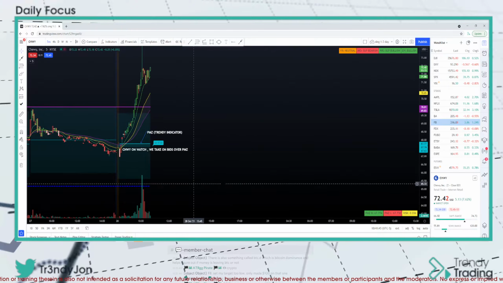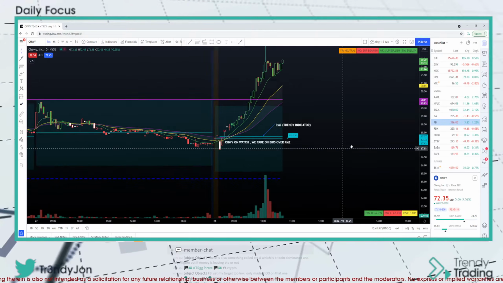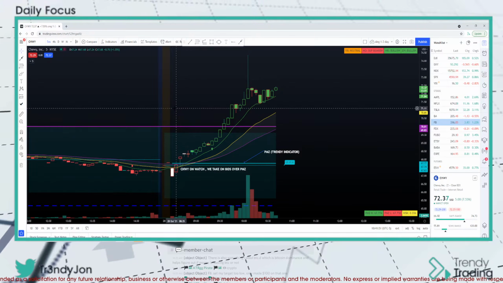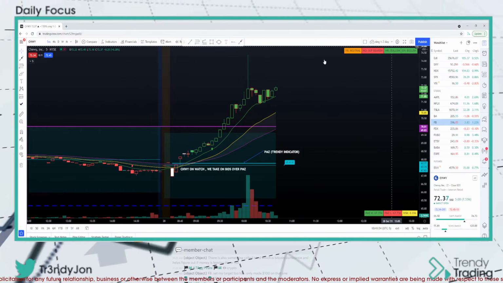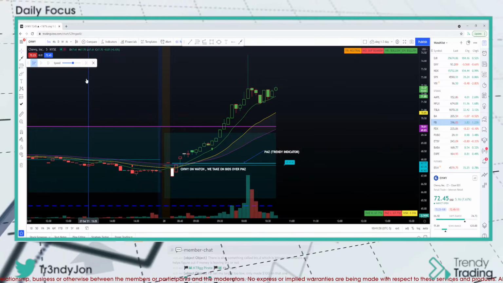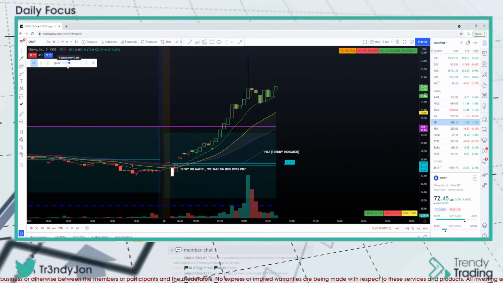And intraday, I'm looking at the PMZ, or what we call the pre-market zone. And as soon as price goes over this, we're looking to take the trade. So just for visual effects, let's go ahead and use the replay really quick. Okay, and we'll slow down the speed.